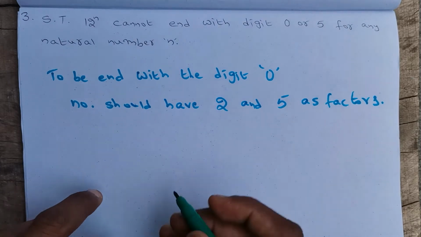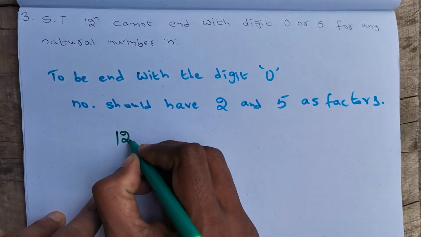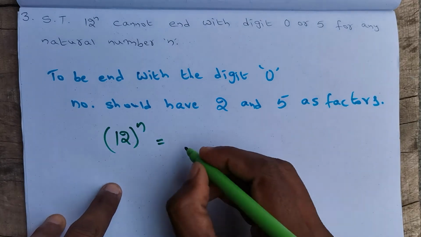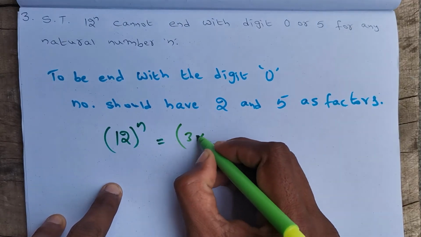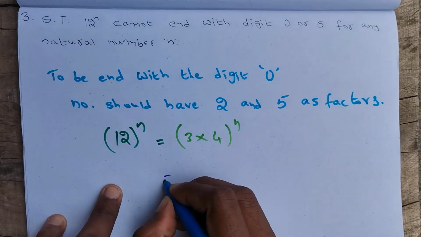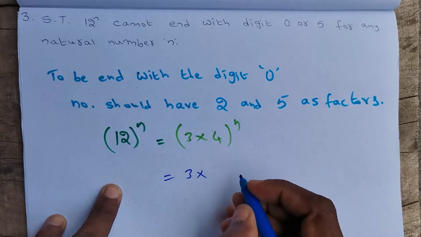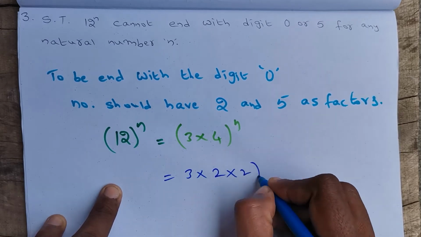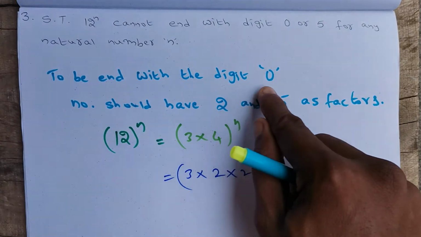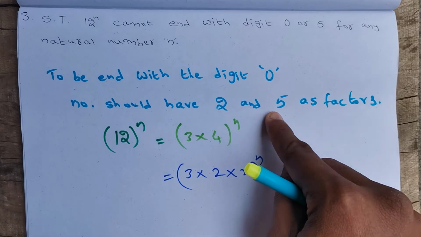Okay, the given number is 12 power n. 12 can be simplified as (3 into 4) whole power n. Still it can be simplified further, as 3 into 4 can be written as (3 into 2 into 2) whole power n. If we observe, according to our knowledge, to end with the digit 0, it should have 2 and 5 as factors.